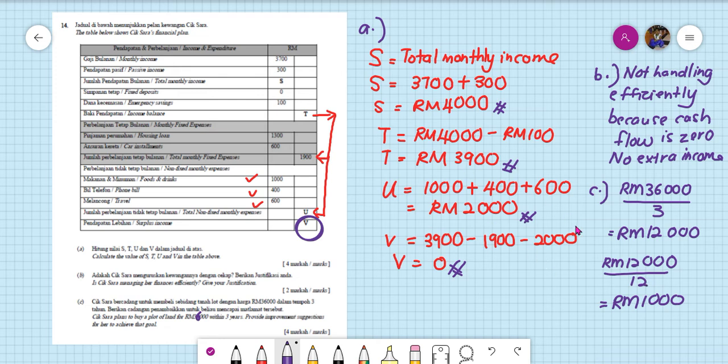Comparatively, we can see that she spends a lot on food and drinks, phone bill and also travel. We can't do anything on the fixed monthly expenses because they are already fixed. It's something that you have to pay. But the non-fixed monthly expenses is where she can think of reducing.